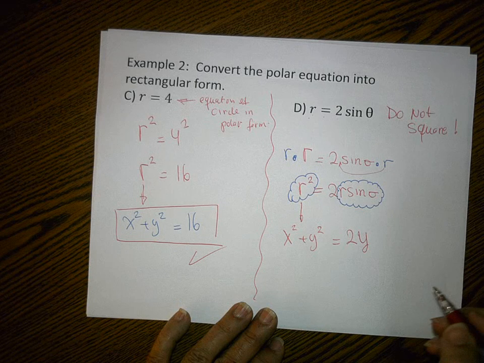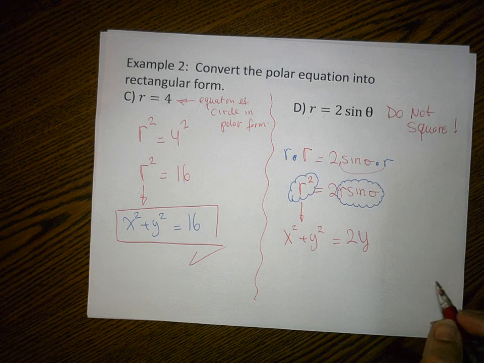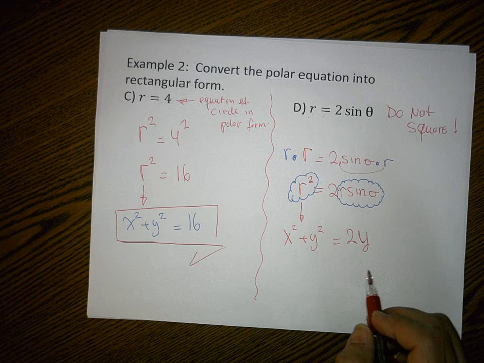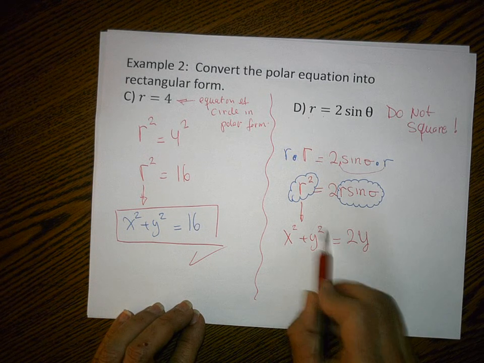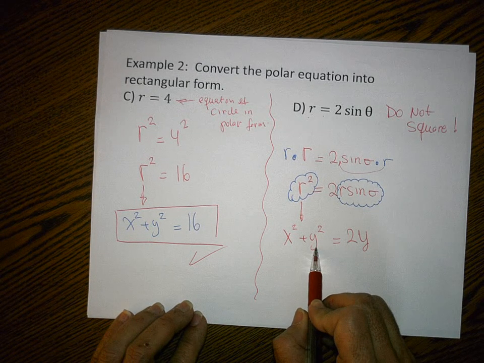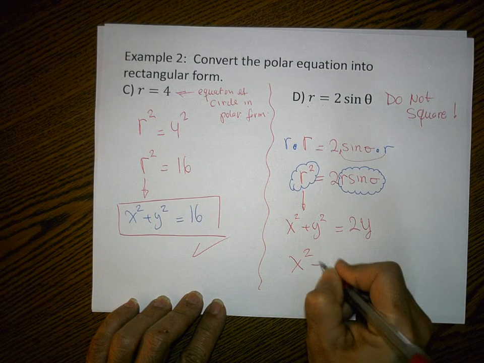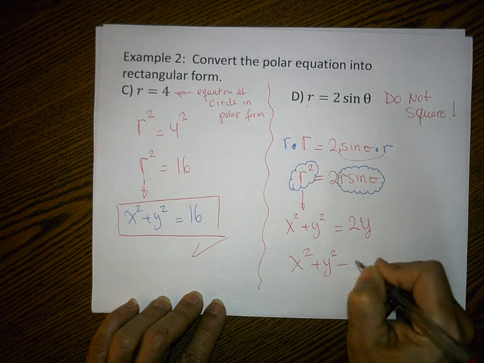There we go. I'm almost done. Some people say, why can't you divide by 2 and get a y by itself? I know, but whenever I have an x squared plus y squared, I'm dealing with some sort of circle. So why don't I just move it over? I get x squared plus y squared minus 2y equals 0.